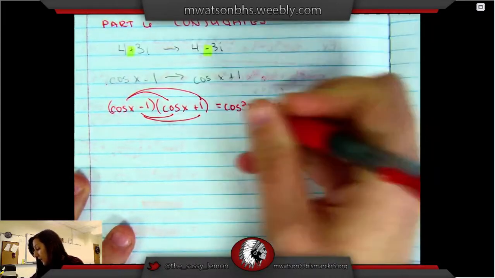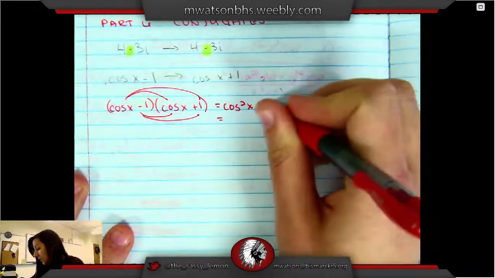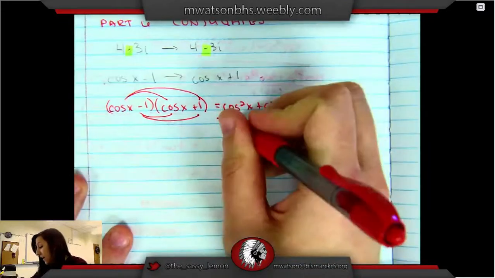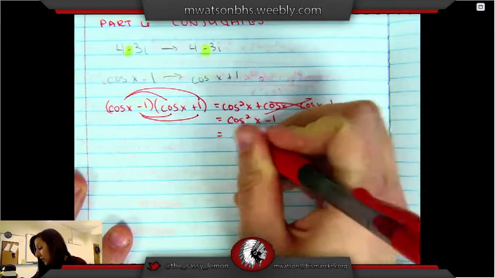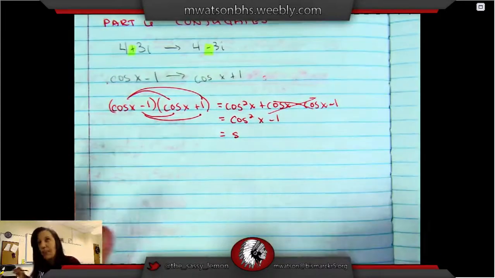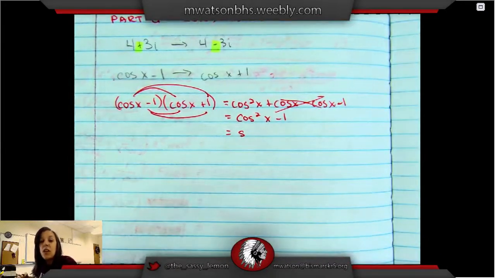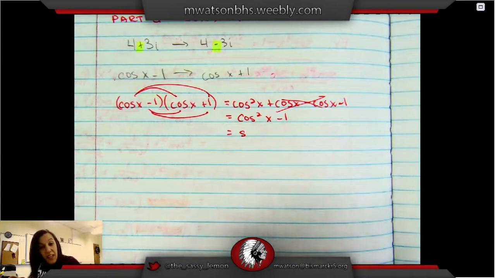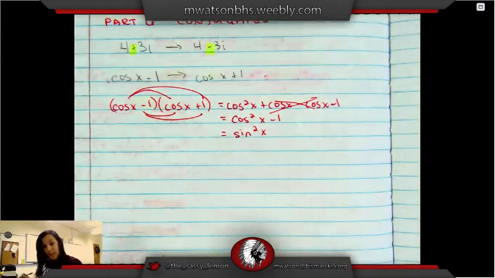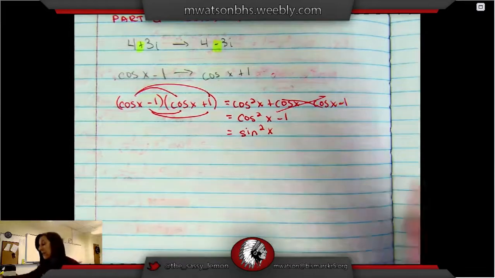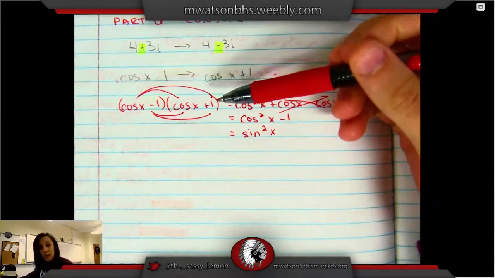And what happens is these middle terms cancel out, and I now have cosine squared x minus 1, which, as you will come to see from the Pythagorean identity, equals negative sine squared x. So sometimes multiplying by a conjugate can be very useful.